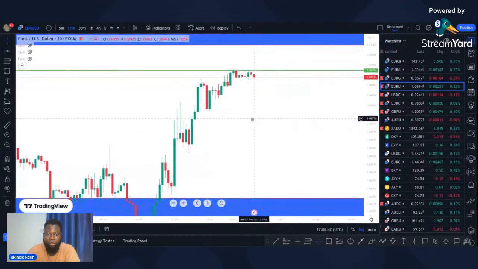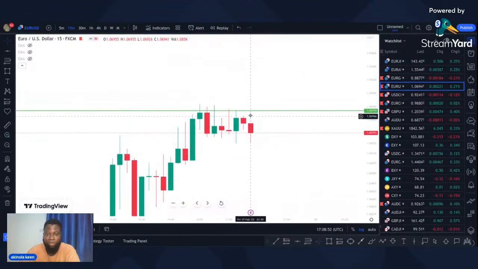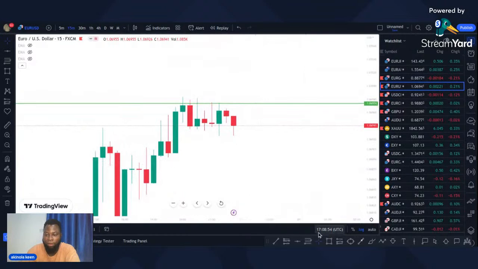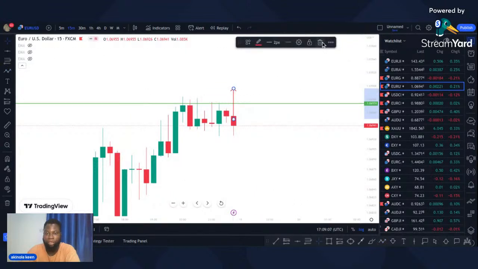That is, the breakout of this level. You understand? On the 15 minute time frame, once I can see a breakout and a candle close above this region, I will just go for a buy immediately.